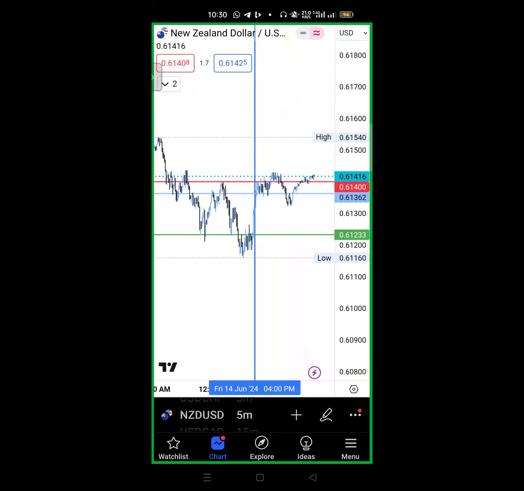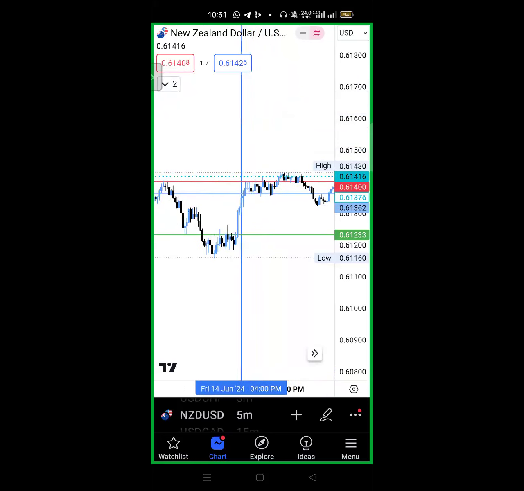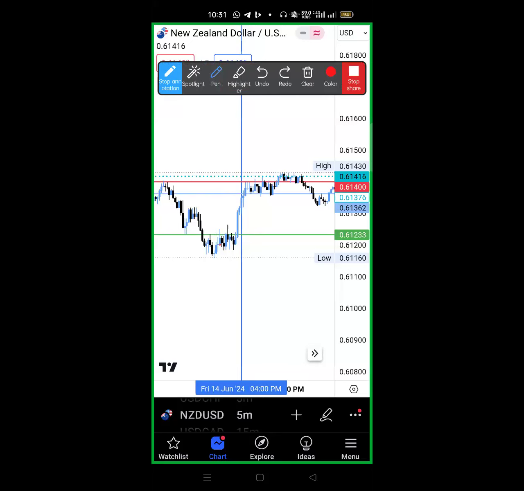Since it's a lower low, lower high, lower low, you're looking for a market that will go up. This is a lower low, but now this is supposed to be a higher high, higher than this last high. So you're looking for another one here, then another one here.